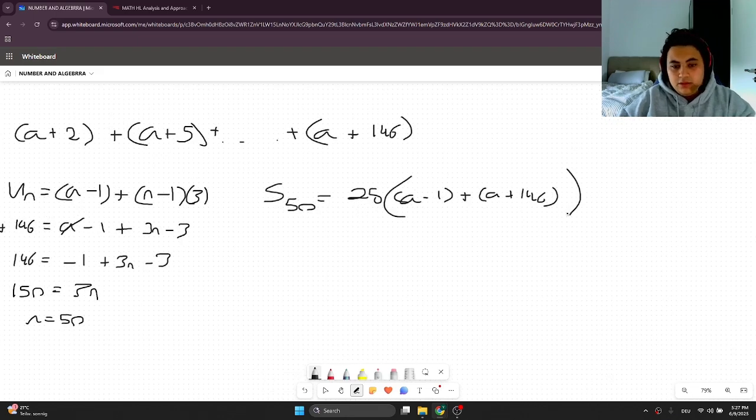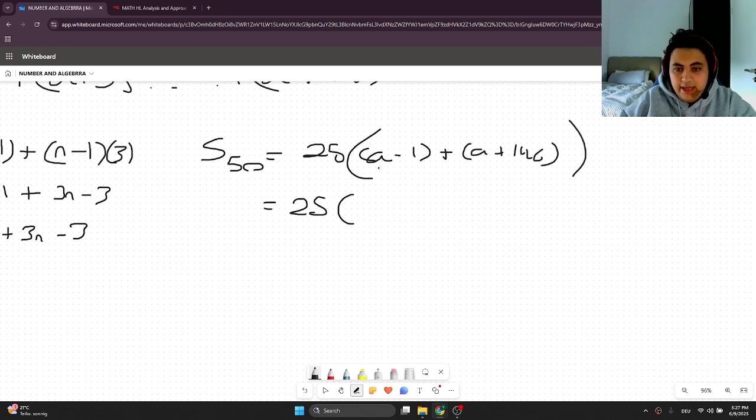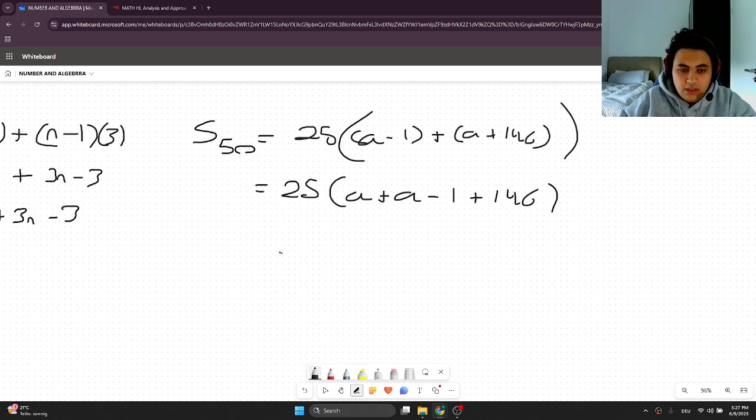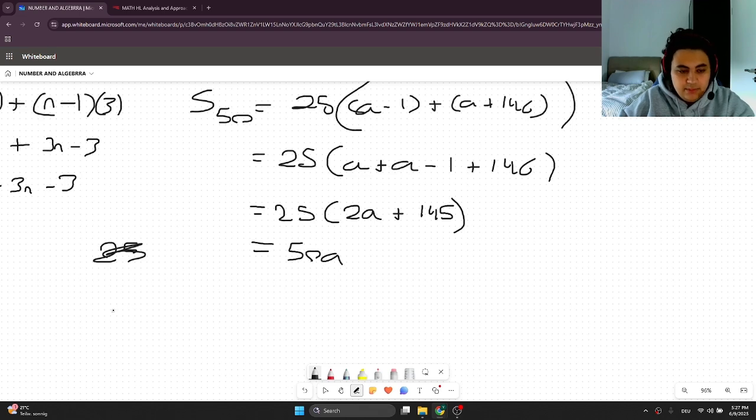So you have 25 multiplied by a plus a minus 1 plus 146, which is 25 multiplied by 2a plus 145, right? So you have 25 multiplied by 2, so 50a, and then 25 by 145.